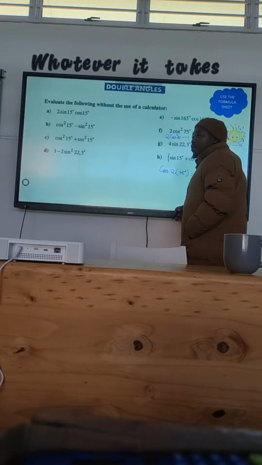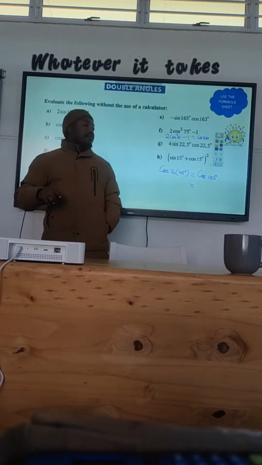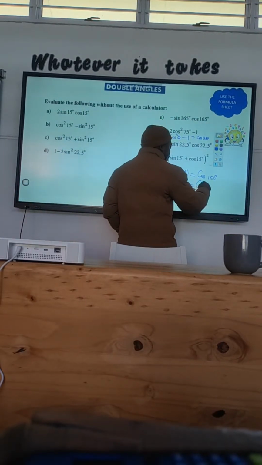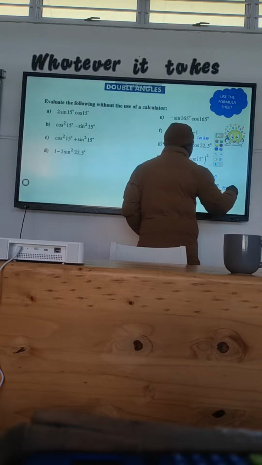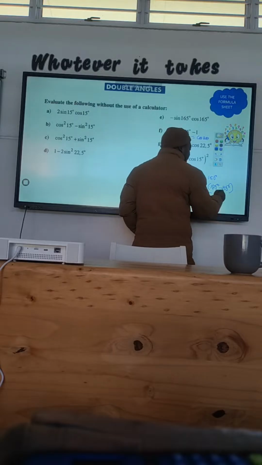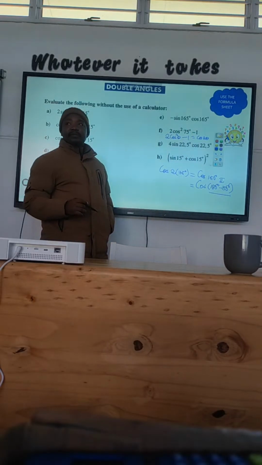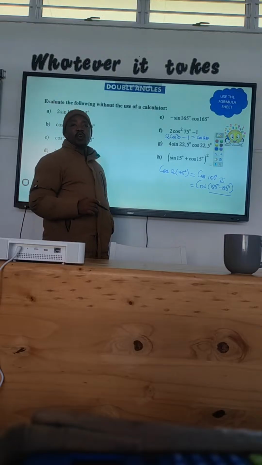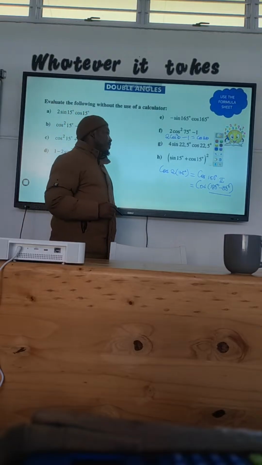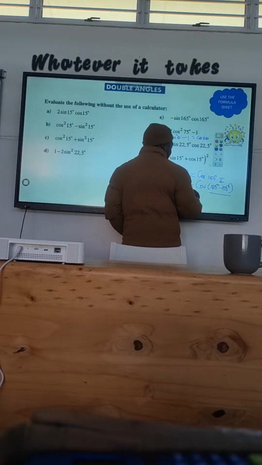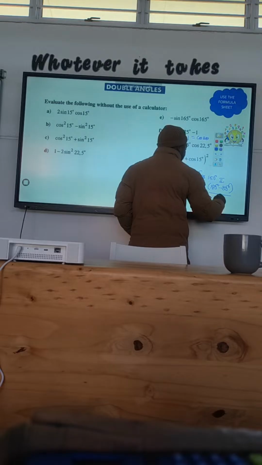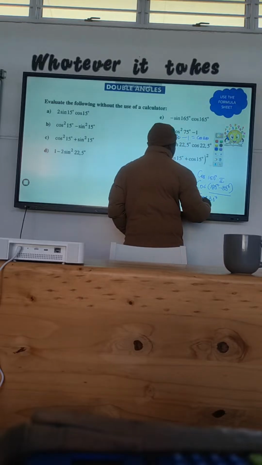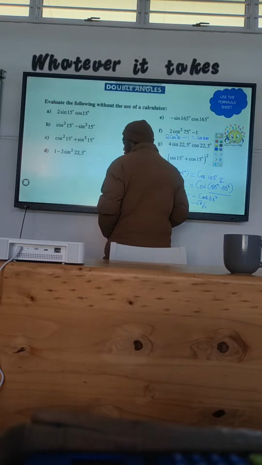We can reduce that, it will give us the cos of 180 minus 30. This is simply telling us we are in the second quadrant. What is happening to cos in the second quadrant? It's negative. Right? We are going to have a negative cos of 30 equals negative square root of 3 over 2.